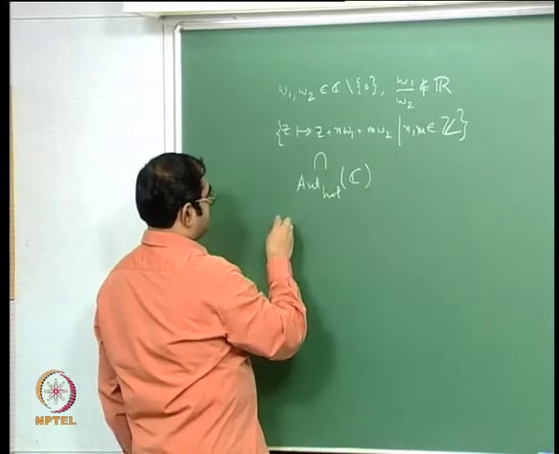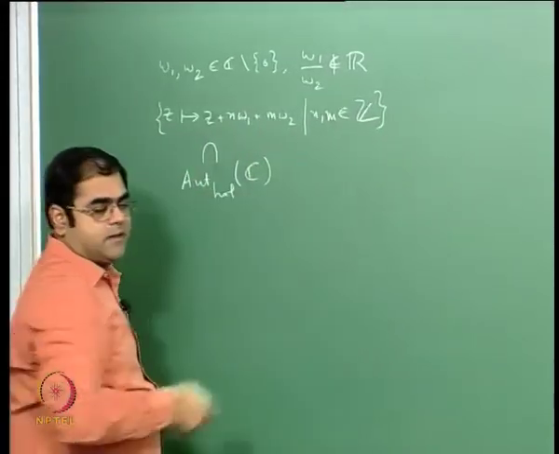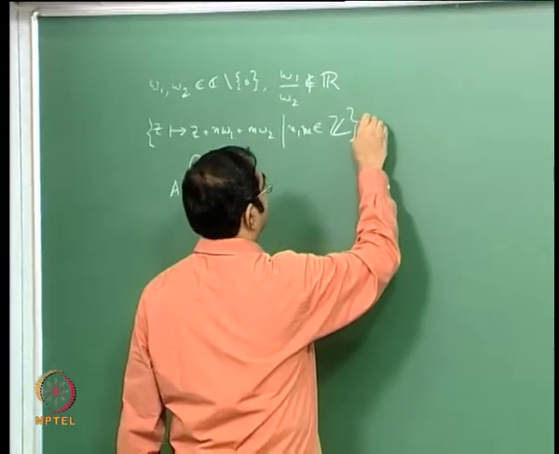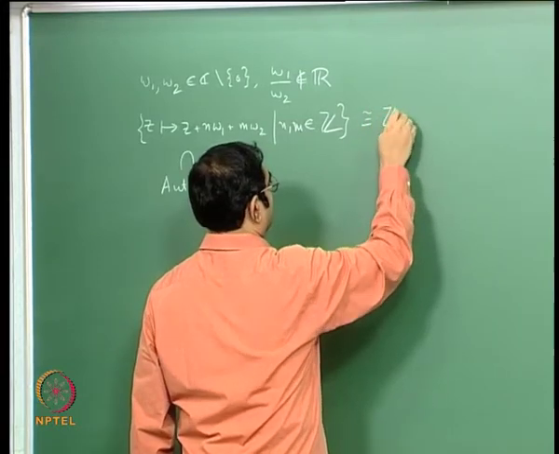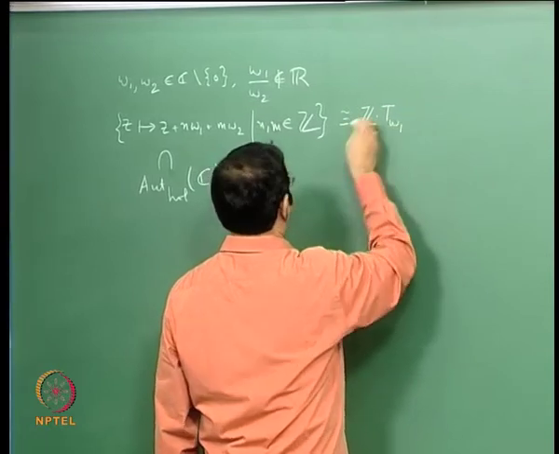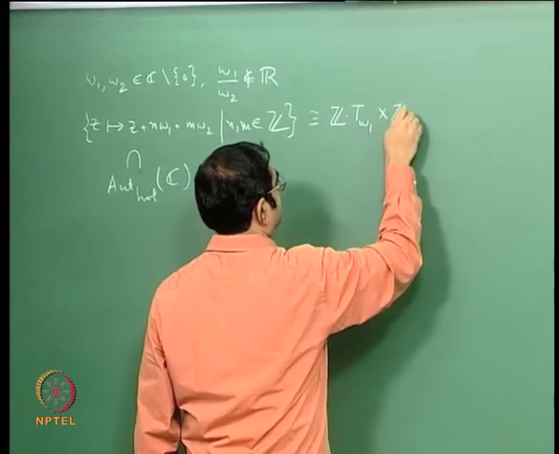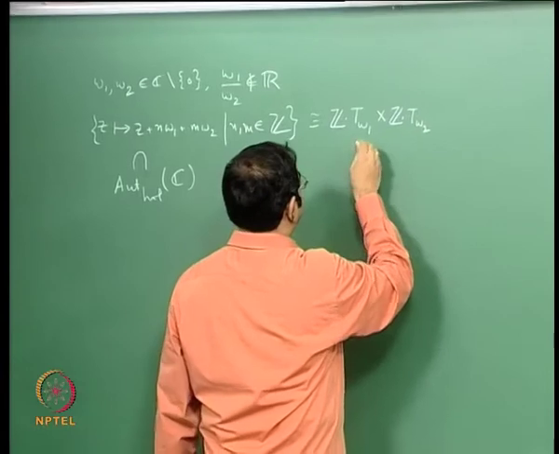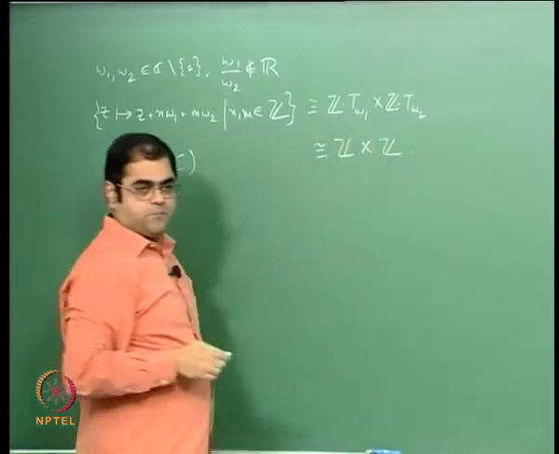You see this subgroup is of course abelian, and it can be identified with Z, translation by omega 1, cross Z, translation by omega 2, which is isomorphic to Z cross Z.